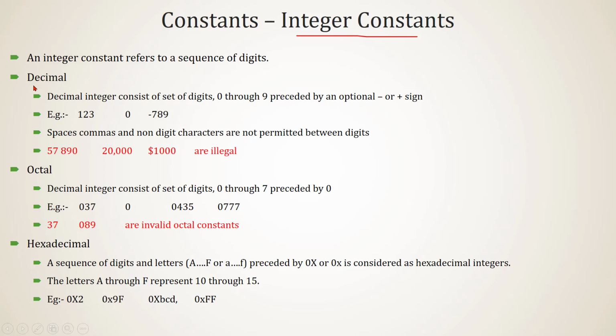That's why it is called decimal. Similarly, octal, octa means 8, so here the digits are a combination of 0 through 7. Any combination between 0 and 7 can be considered an octal constant, provided it is preceded by a 0.